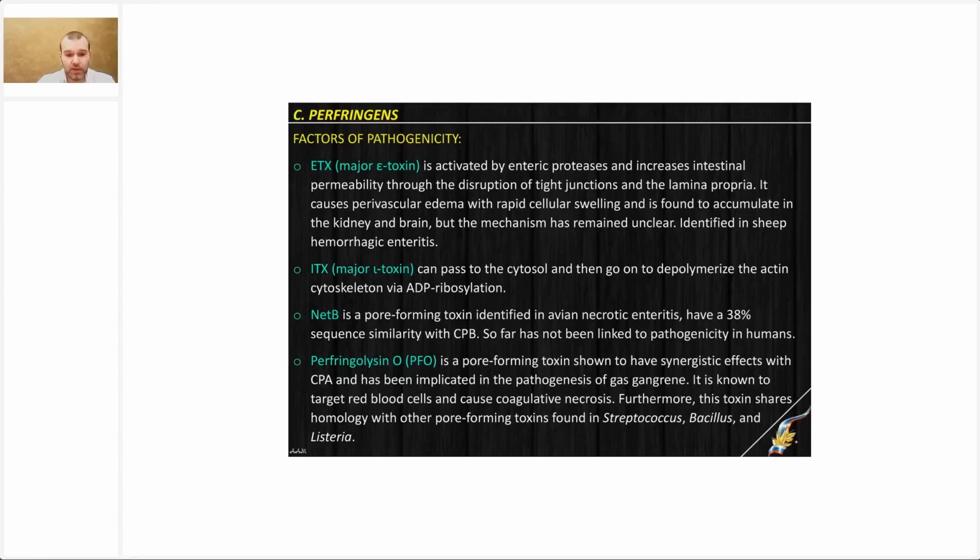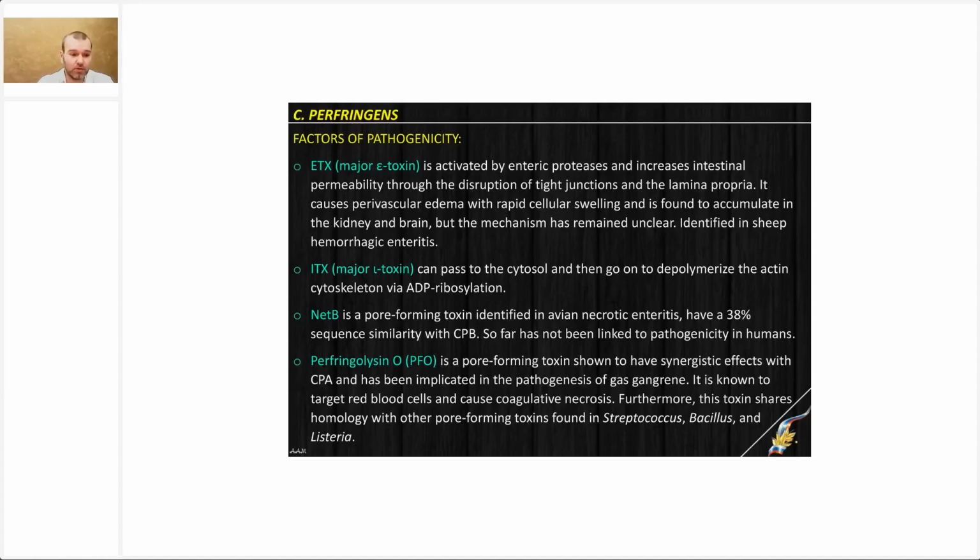But the effect is not clearly studied and some points remain unclear. But it's looking like the toxin can affect lamina propria in the intestine, leading to serious edema, accumulation of fluids, swelling, and as well it was identified in kidneys and brains with the similar effect that can lead to serious systemic consequences.